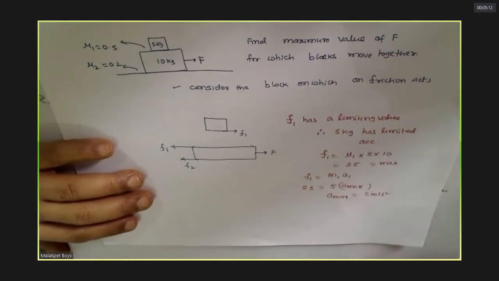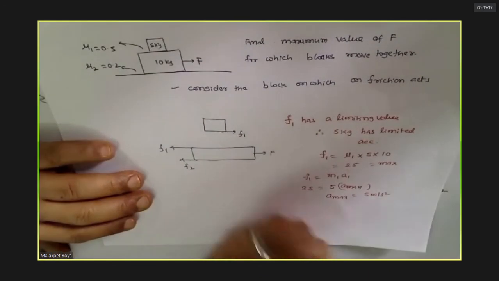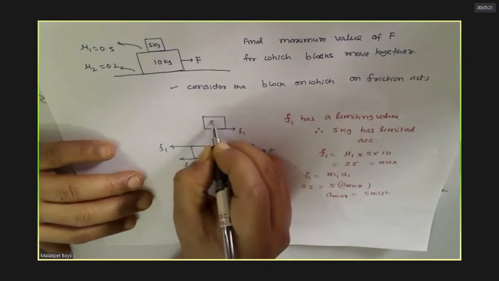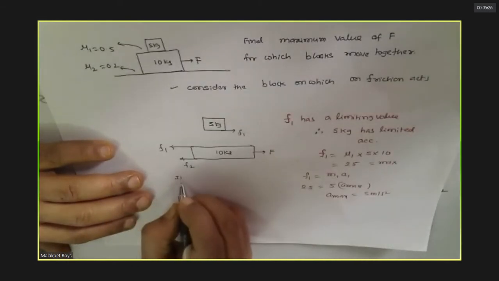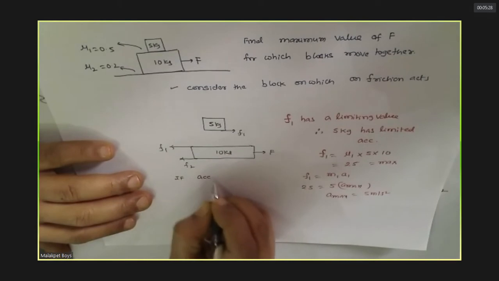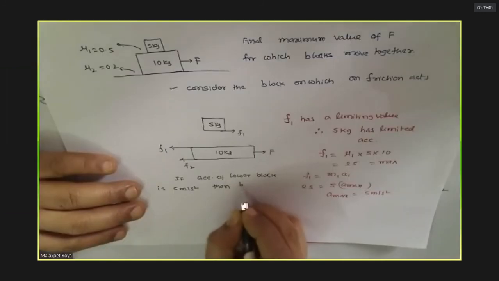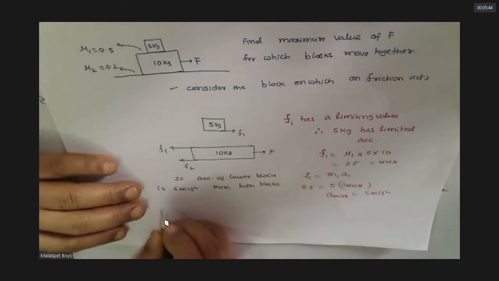Till here, if followed, any doubt? No doubt, sir. That means this cannot take more than that. So here, the lower block, now if the acceleration of the lower block is 5 meter per second square, then what will happen? Then both will have the same acceleration.